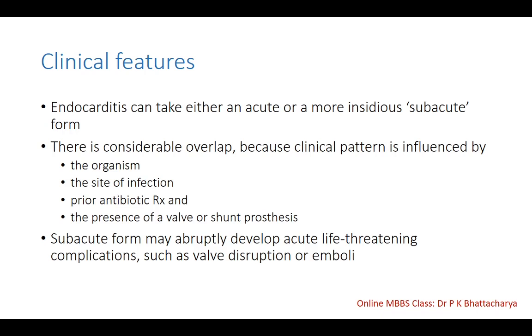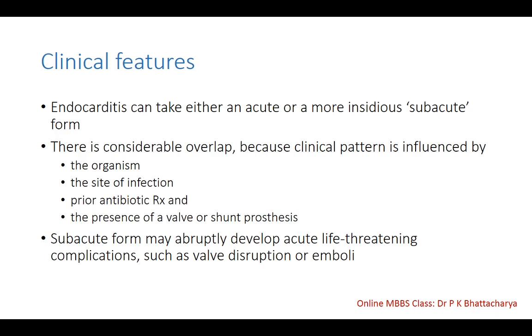This depends upon the type of the organism: Streptococcus viridans is almost always a subacute variety, while Staphylococcus aureus is almost always an acute variety. The site of infection, whether it occurred in a normal valve or in an abnormal valve.